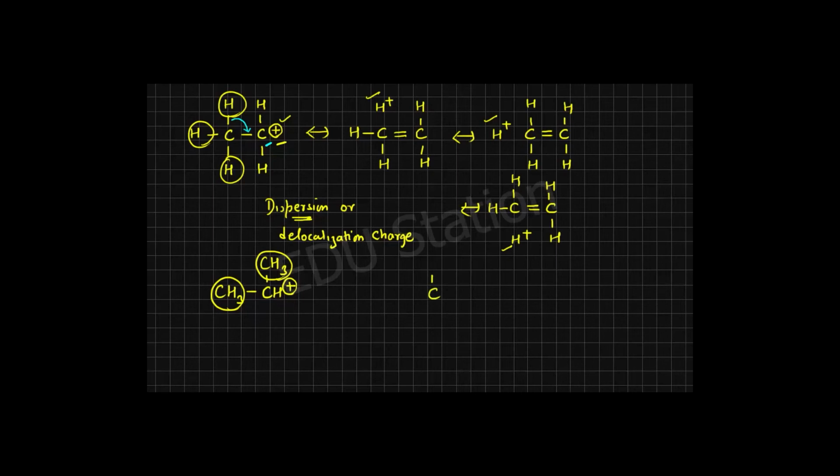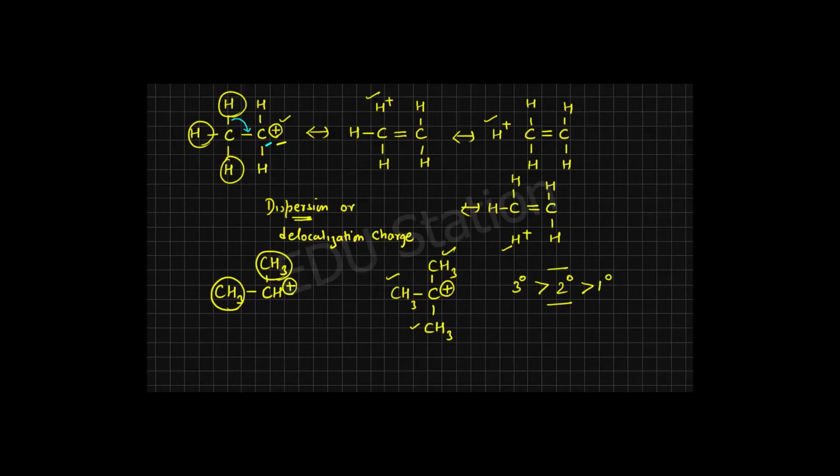And had you got a tertiary carbocation, the positive charge would have spread on 9 hydrogens, 3, 3, 3. Greater the dispersion of charge, more the stability. So, according to hyperconjugation also, tertiary carbocation is more stable than secondary, which is more stable than primary. So, hyperconjugation can explain the stability of carbocation.